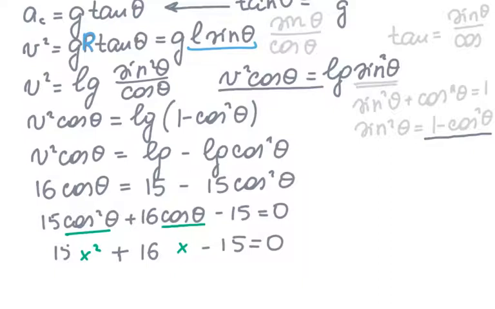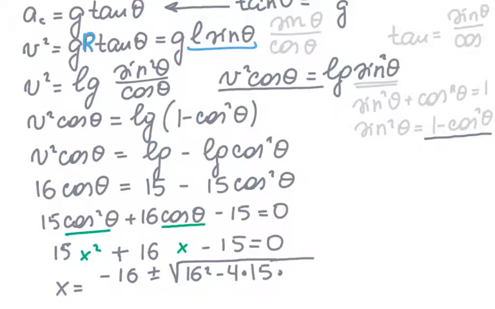I get a quadratic equation. So now if I solve for x, I have the opposite of b plus or minus the square root of b squared minus 4 times a times c. c is negative 15, so it will change that sign to positive. And it's divided by 2 times a.